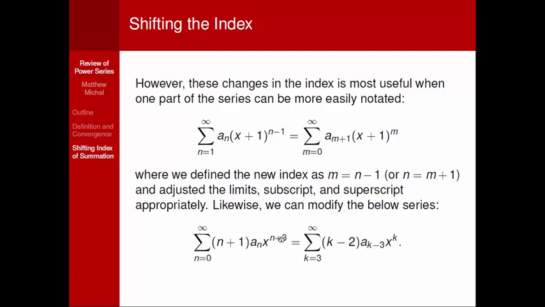So choose my k to be n plus 3, or n is equal to k minus 3, and that changes my n plus 1 to k minus 2, and that changes my n is equal to 0 to k is equal to 3. Because remember, when n is equal to 0, k is equal to 0 plus 3. Okay? Since n is equal to k minus 3, n plus 1 is k minus 3 plus 1, which is k minus 2.